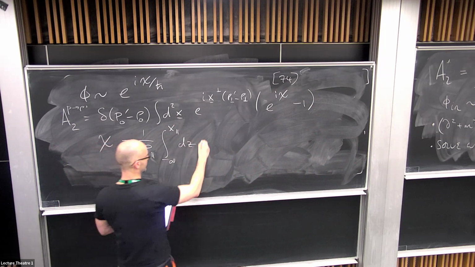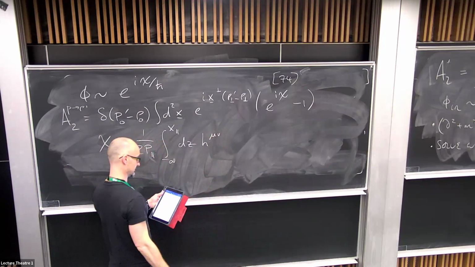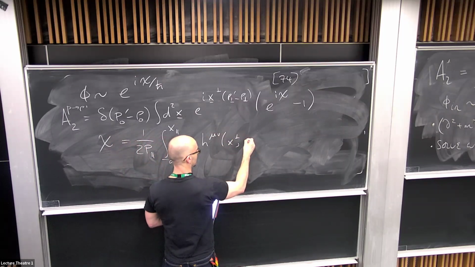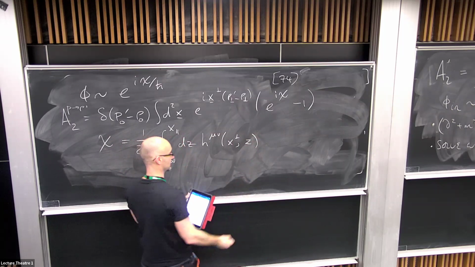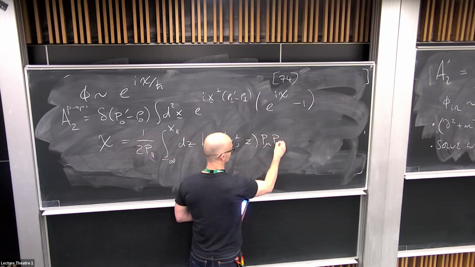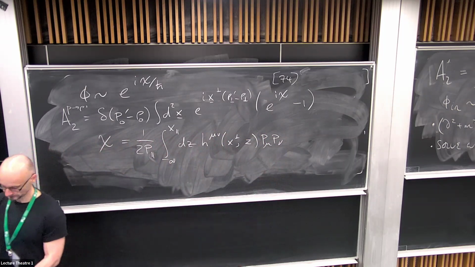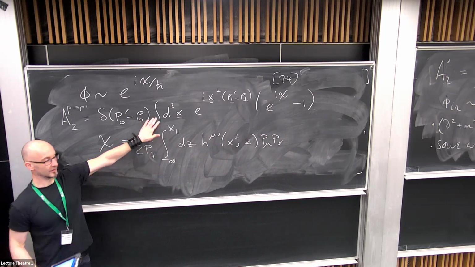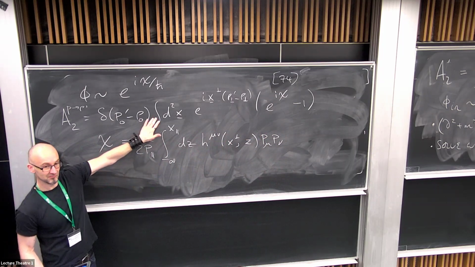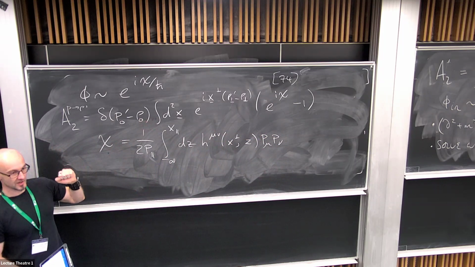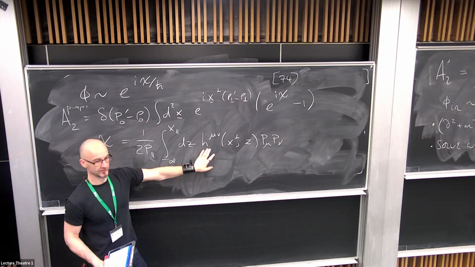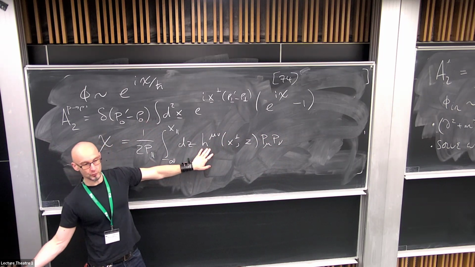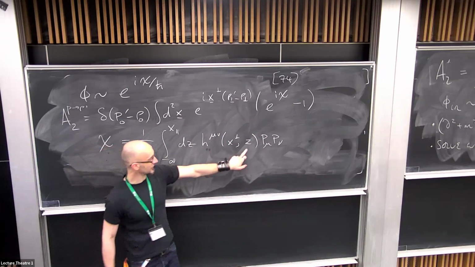Let me write it down and I'll tell you what it means. h mu nu of x perpendicular and z, e mu e nu. So that looks rather like the eikonal. This function chi is just like a straight line segment through the metric of your space-time.